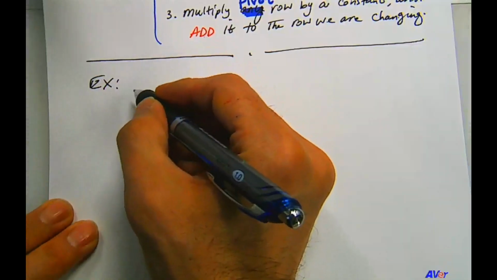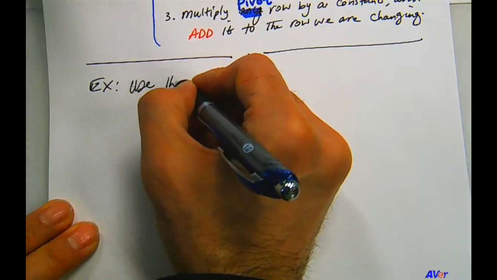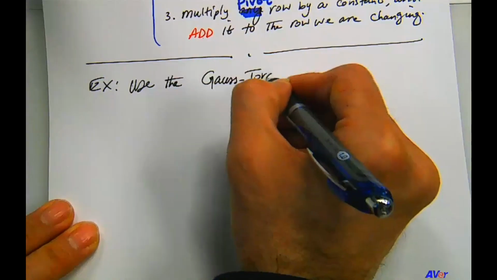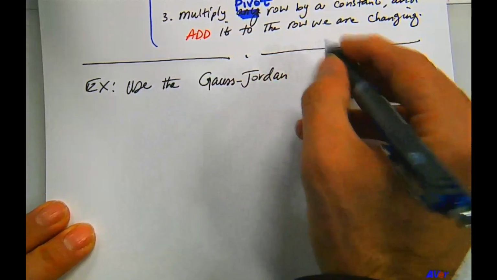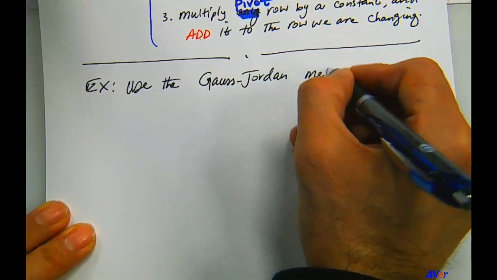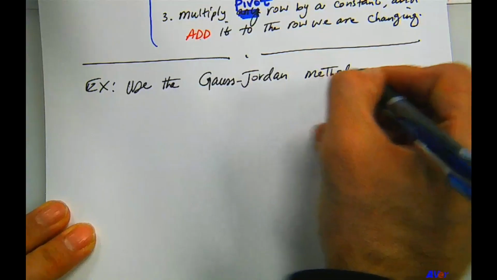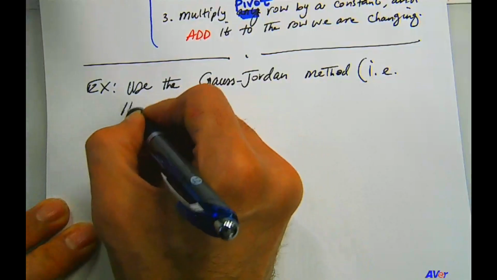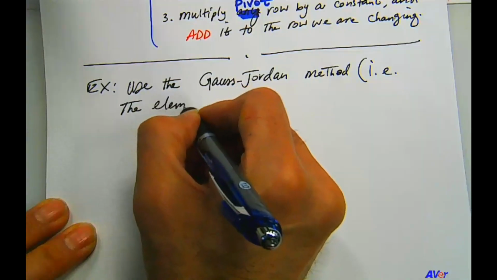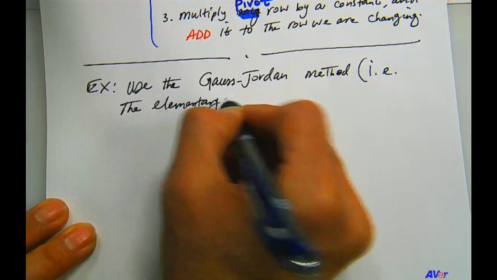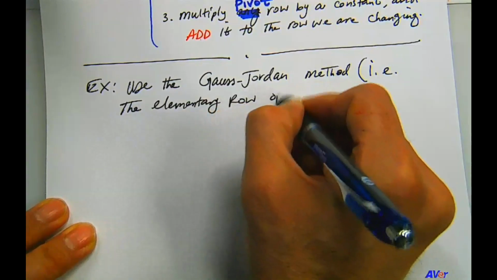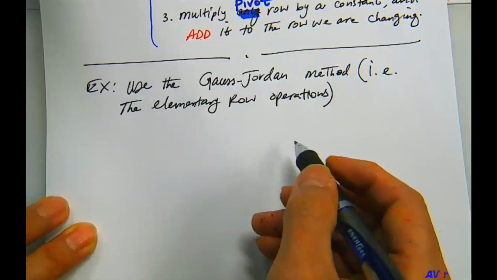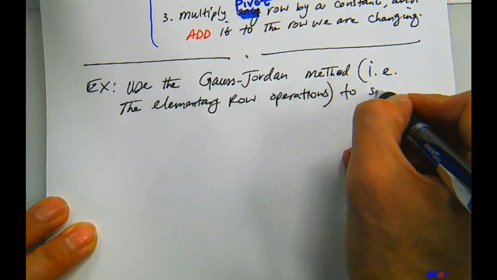We want to use the Gauss-Jordan method, i.e. the elementary row operations, to solve the following system.